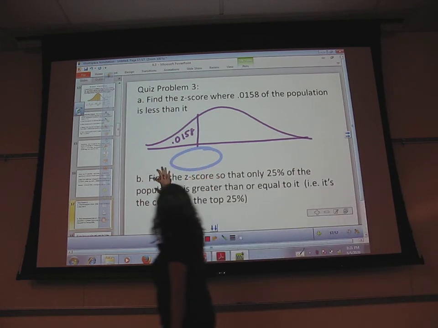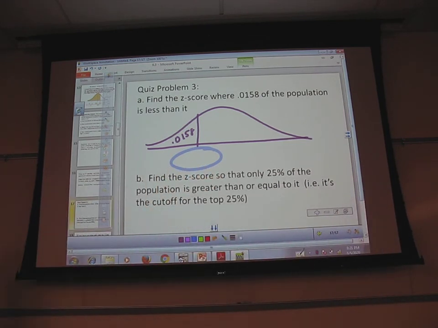Have the area on the left. I want the z-score. Adam, what'd you get? Or what'd you do? I said inverse norm of 0.0158. And what did you get?